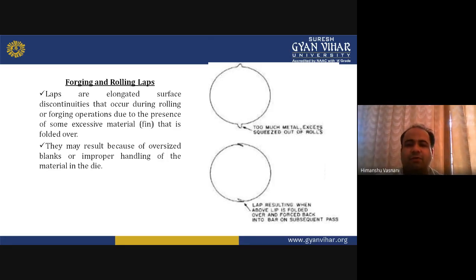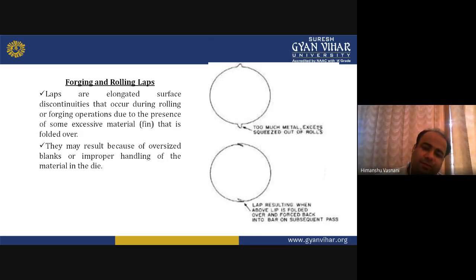If you are squeezing material and it is in excess, it will show automatically. This may result from an oversized blank or improper handling of the material in the die. If excess material enters the die, wherever it adjusts, it will show in the form of a lap.